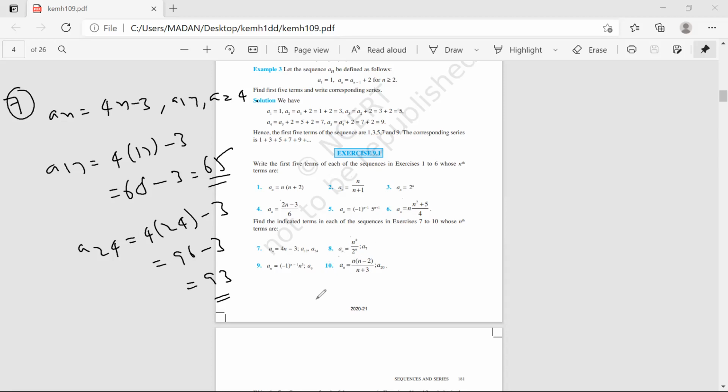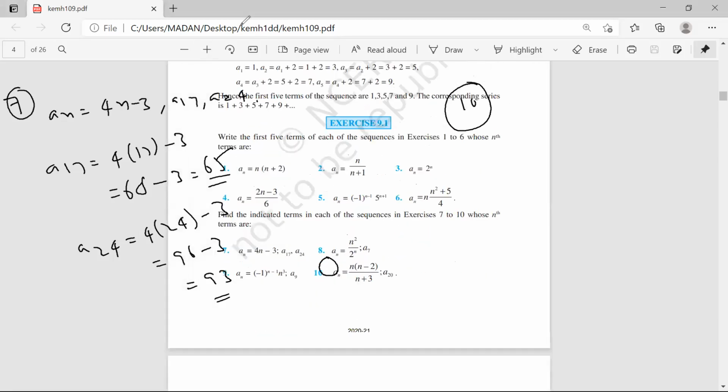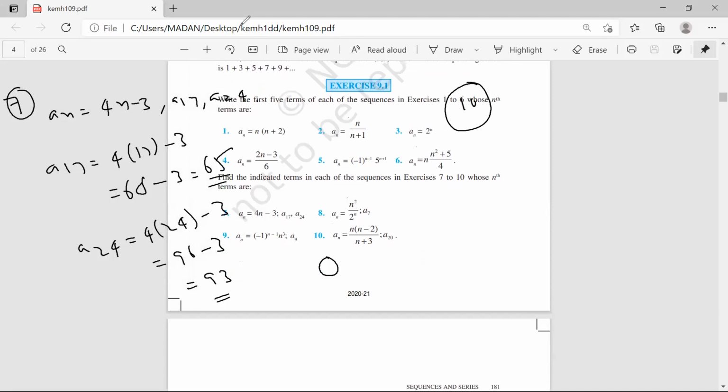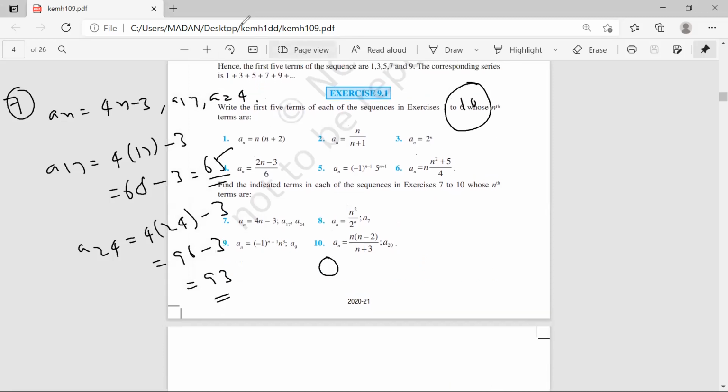The remaining problems are also the same, just do the 10th one. What is the 10th problem?